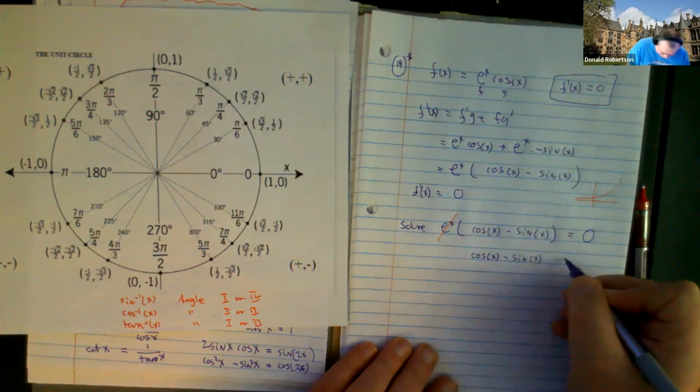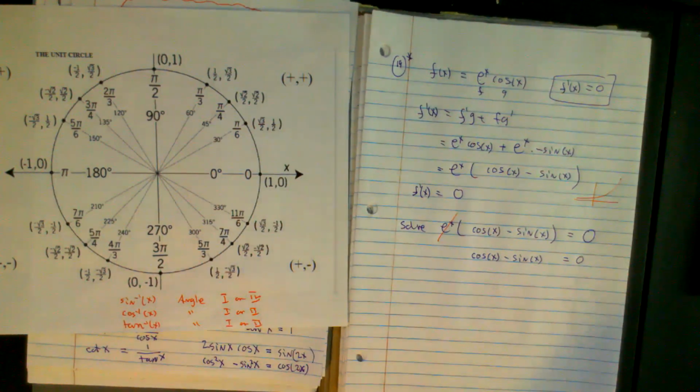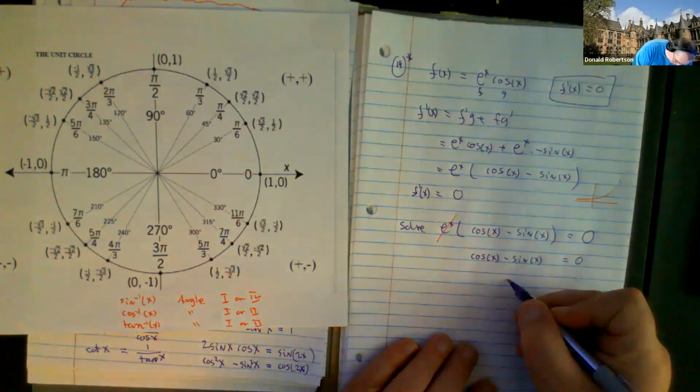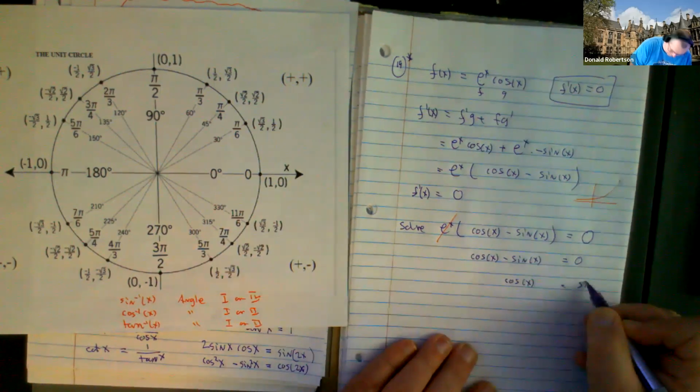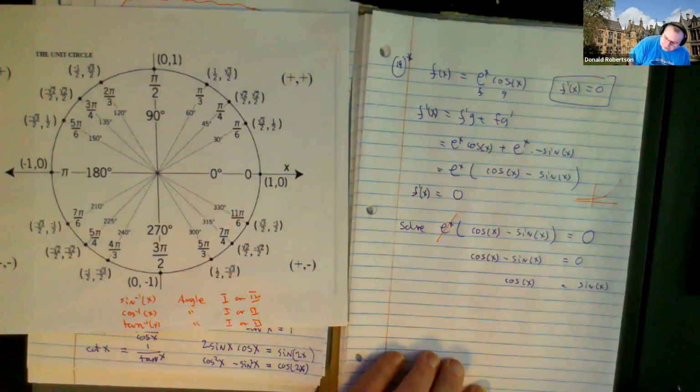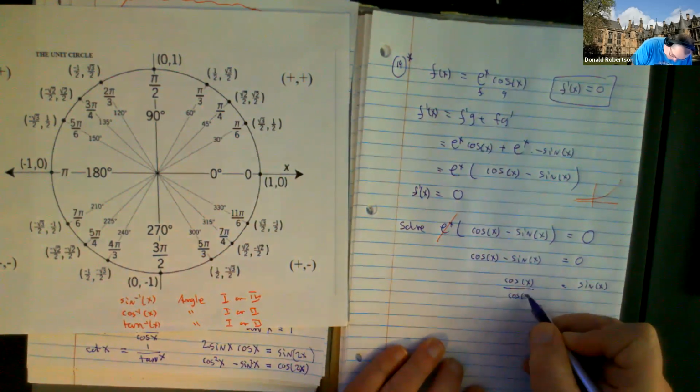So now we have to think back to when we solved equations in trig. There are different ways of approaching this, at least 2 that I can think of. So here is one version. I'm going to add sin x to both sides, and then divide both sides by cosine of x.